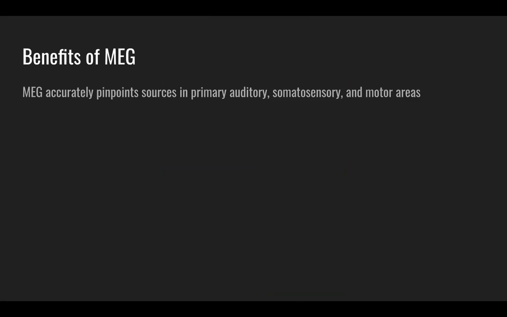MEG accurately pinpoints sources in primary auditory, somatosensory, and motor areas. It's also used most commonly for locating the onset of a seizure in epileptic patients. With this information, doctors are able to determine whether or not the patient is a good candidate for surgical removal.